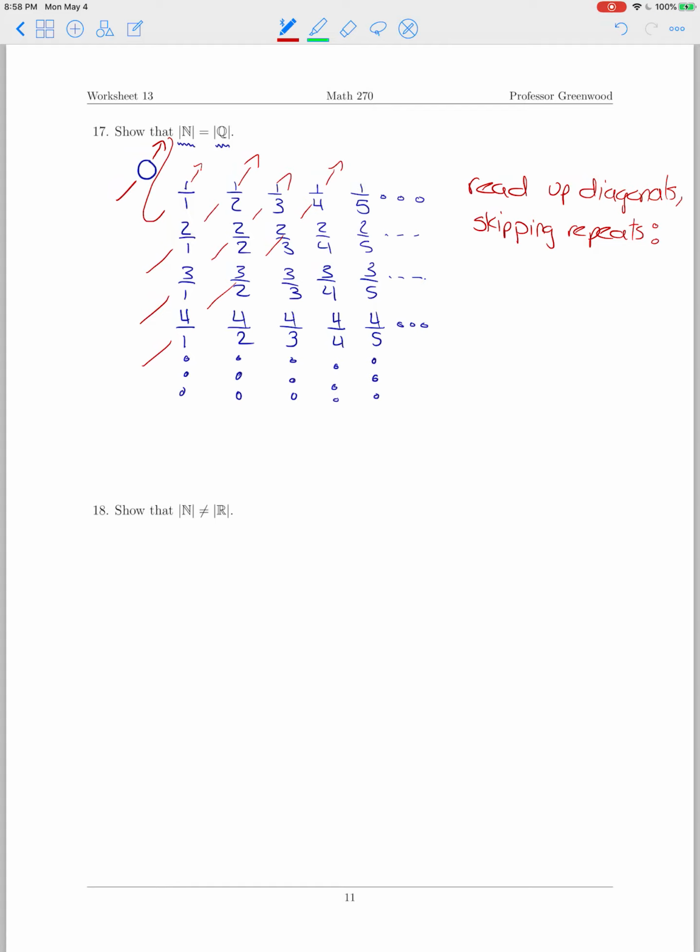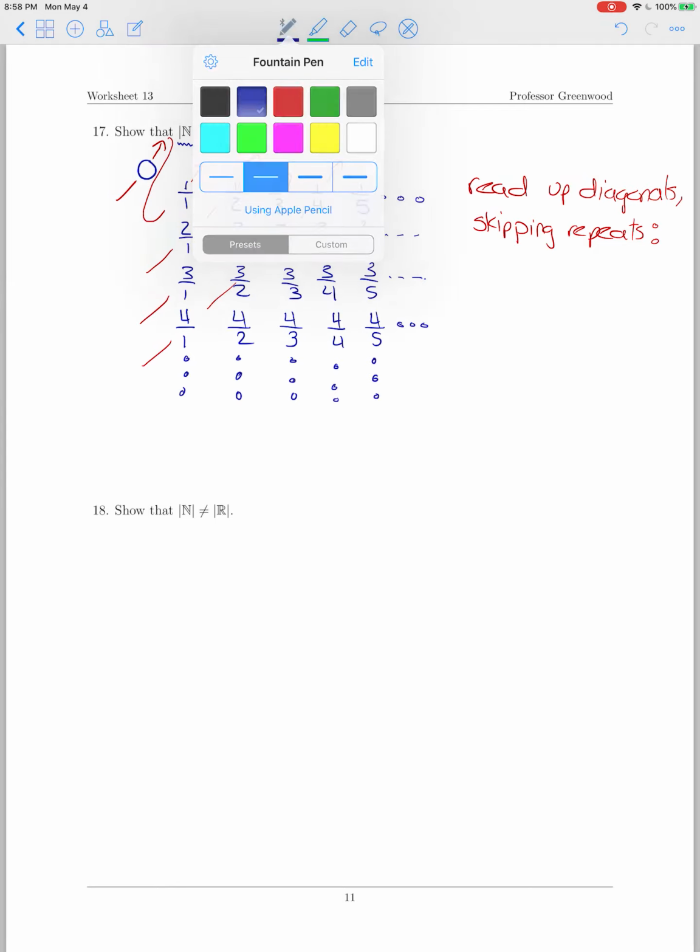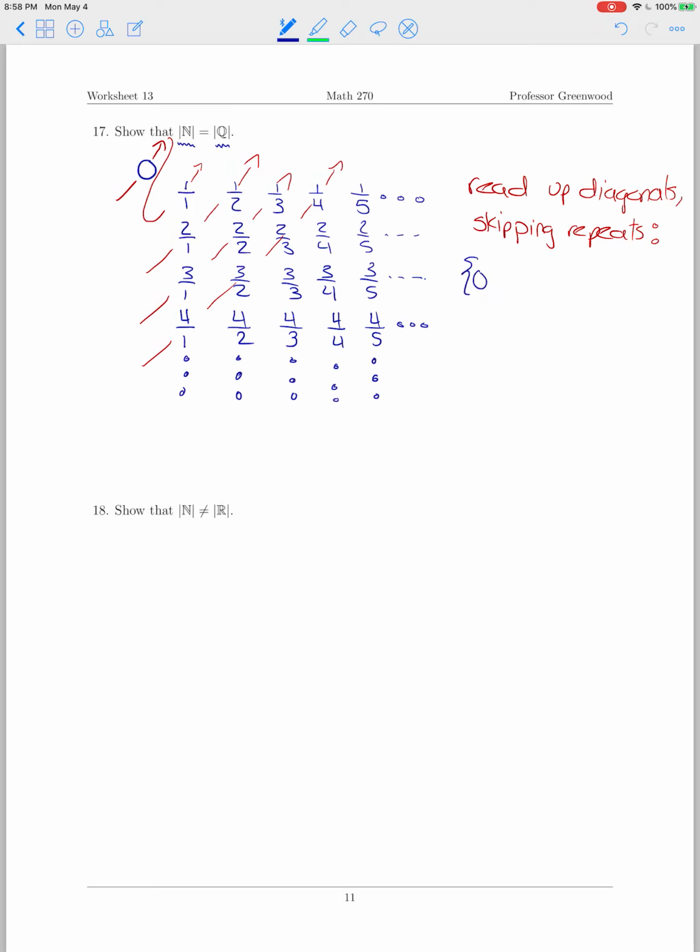And so if I write out the beginning of this list then, you could see that it would look like 0, and then 1 over 1, and then 2 over 1, and 1 over 2, and then 3 over 1, 2 over 2, which I skipped because that's a duplicate, and 1 over 3, and so on.